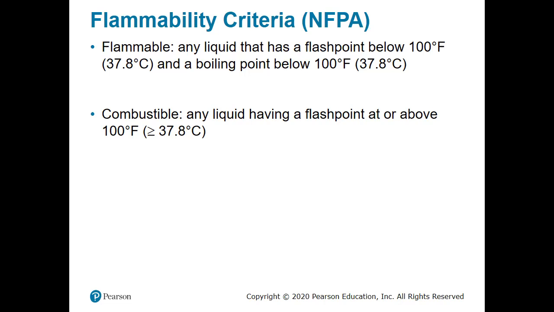A flammable liquid, by NFPA standards, has to have a flash point below 100 Fahrenheit and a boiling point also below 100 Fahrenheit. That's what it means to be flammable according to NFPA.